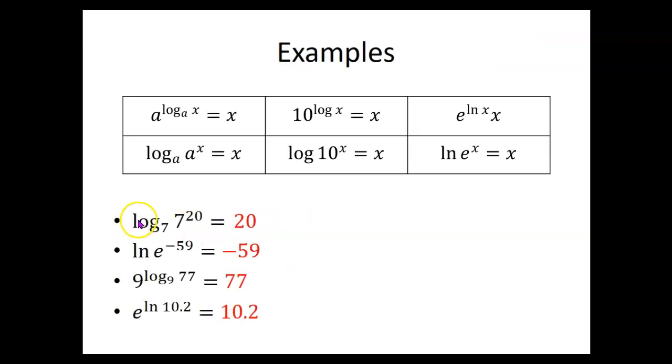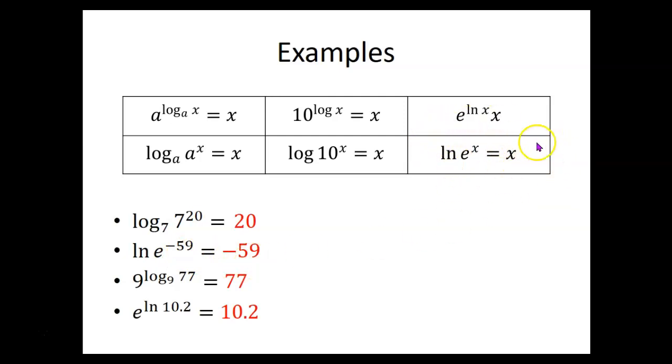So, for example, the log base 7 of 7 to the 20th power is 20. That's an example of this property right here, where the part of a is being played by 7 and x is 20. The ln, that is the natural logarithm of e to the negative 59, is negative 59.